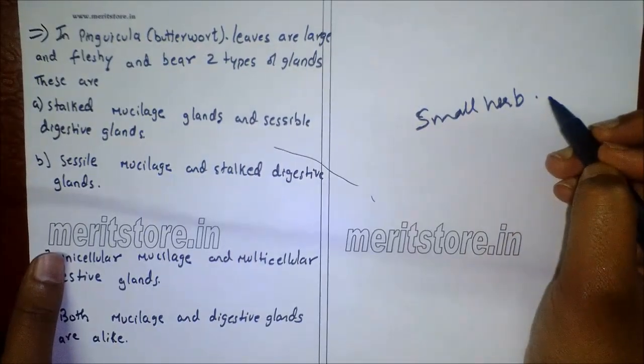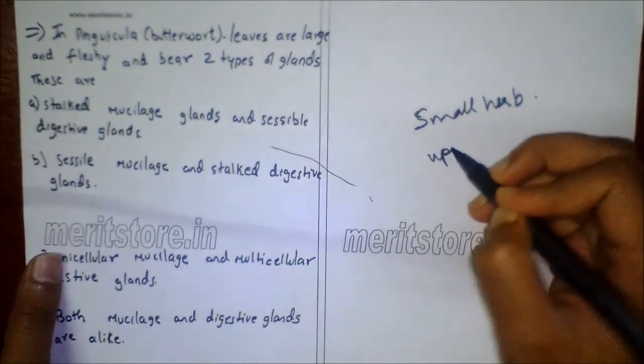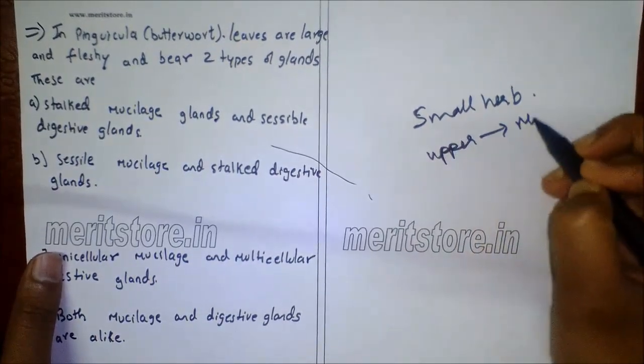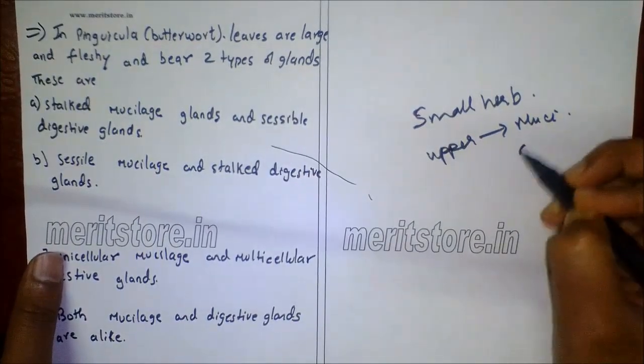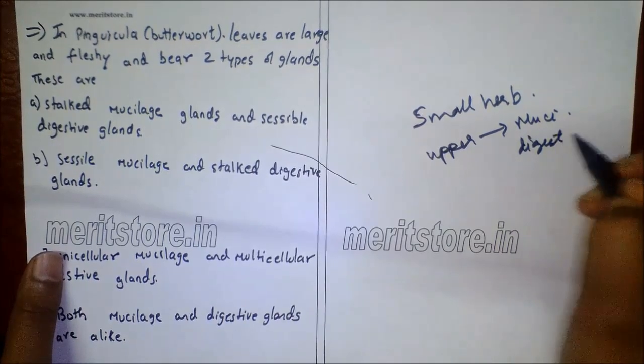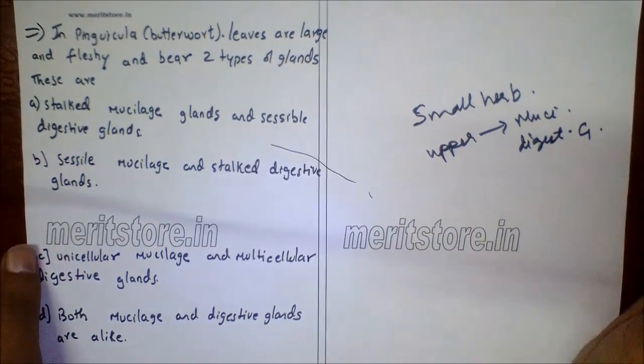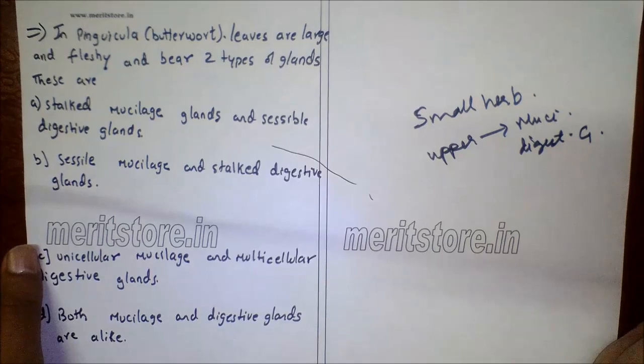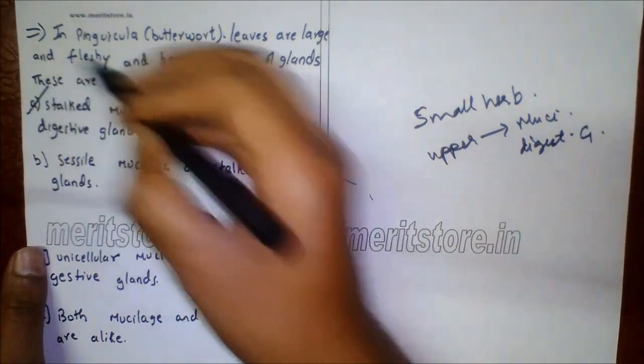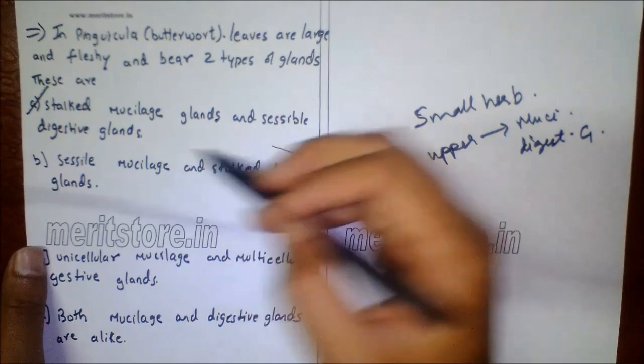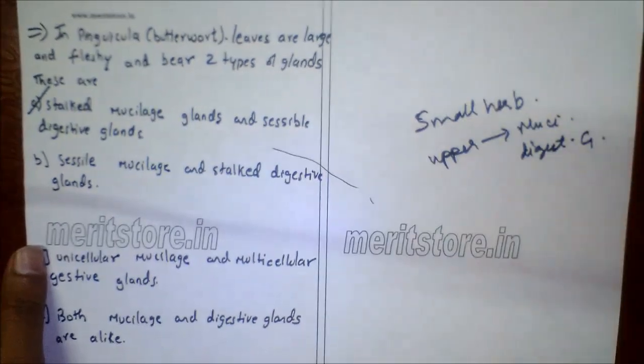The upper part of the leaves bears mucilage and digestive glands. If a small animal crawls onto the upper surface of the leaf, it is held by the sticky mucilage and the margins of the leaves curl inward to trap the animal. So option A, stalked mucilage glands and sessile digestive glands, is the correct answer.